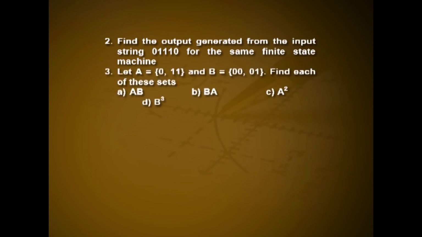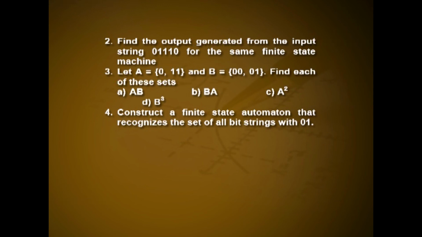Third one, let A be the set {0, 1, 1} and B be the set {0, 0, 0, 1}. Find each of these sets: A, the set AB, B, the set BA, C set A square, and D the set B cube.